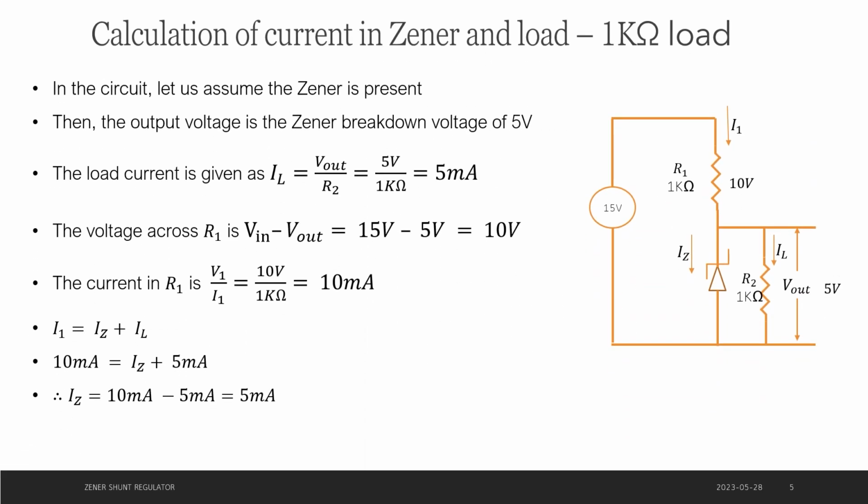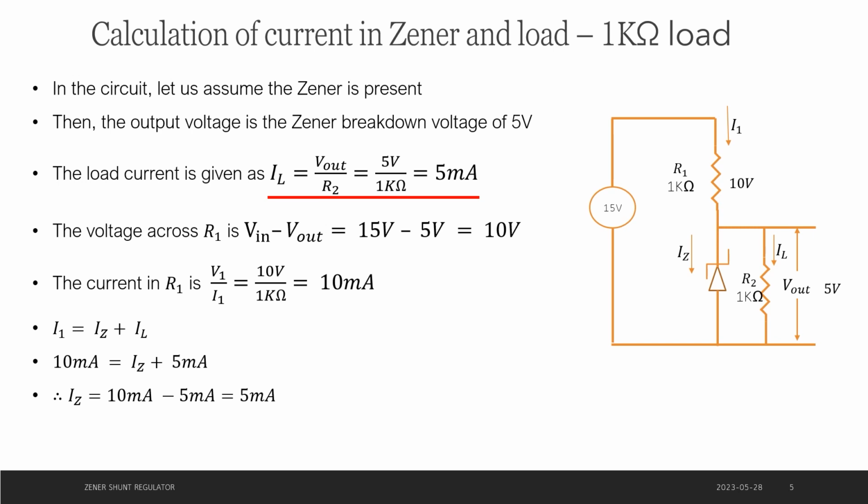Let us now calculate the current in the circuit. With a breakdown voltage of 5 volt, we know that the Zener will maintain 5 volts across it. Since the load resistor is in parallel to this Zener, the output voltage is 5 volt for the circuit. The current IL can be calculated as V out by R2, that is equal to 5 milliamps.